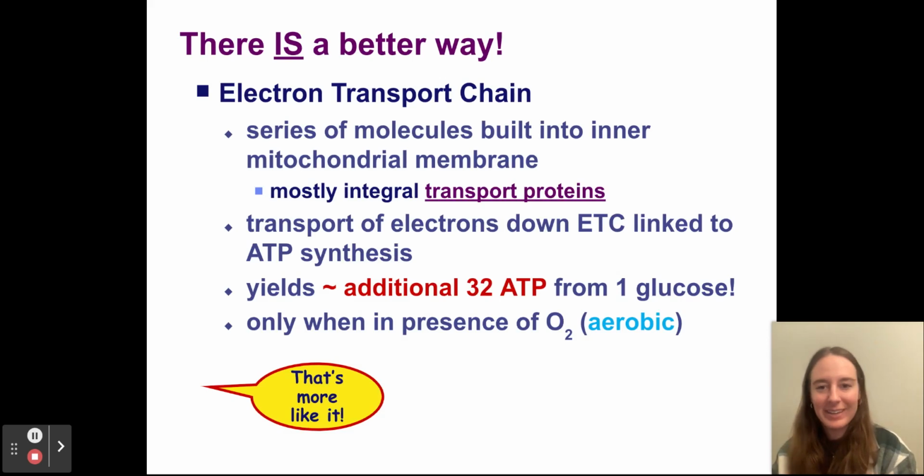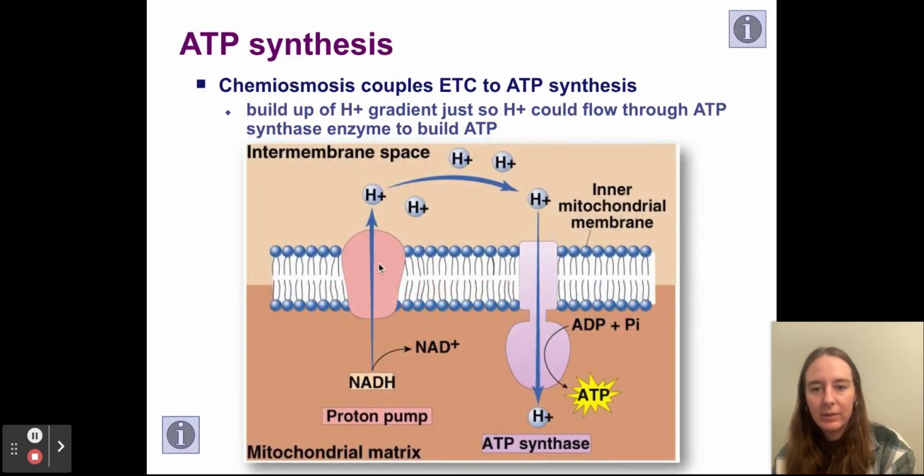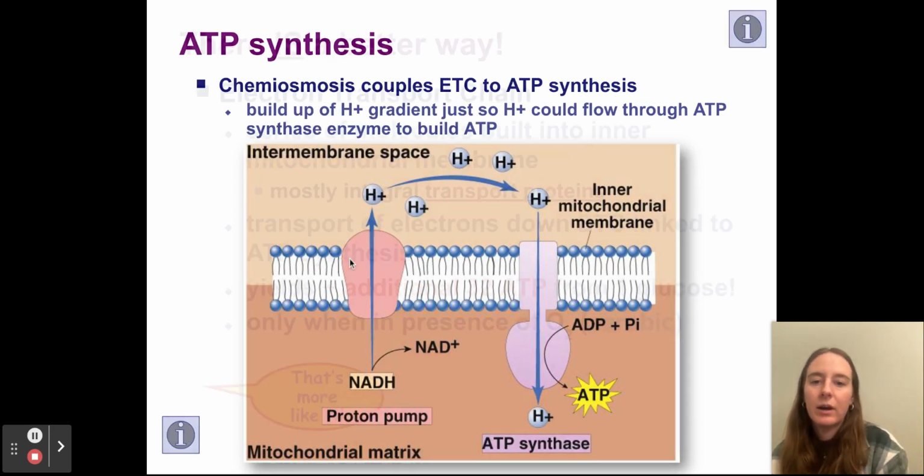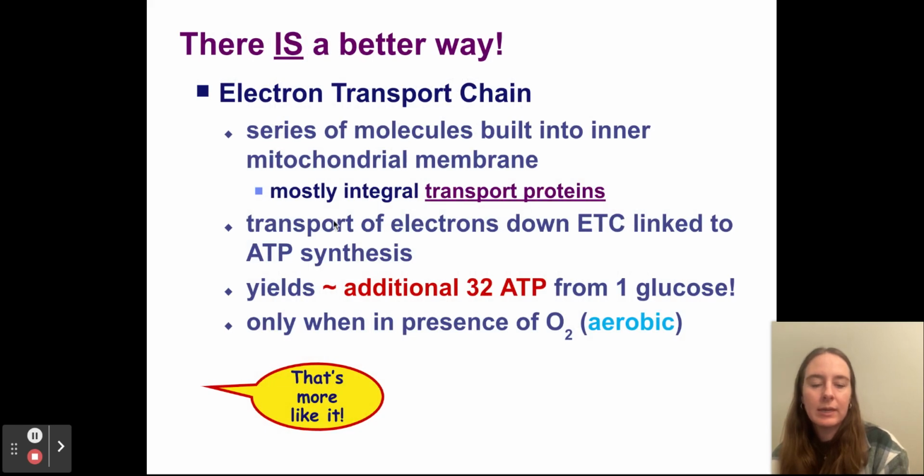This is the payoff phase. These integral transport protein complexes shuttle the electrons, embedded in the inner membrane of the mitochondria.